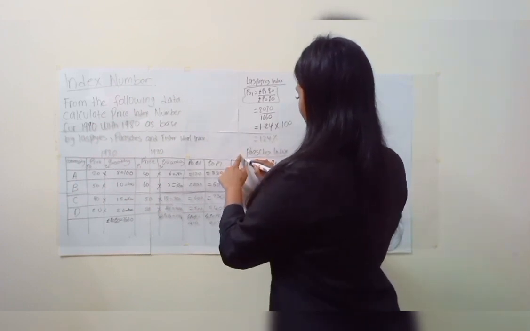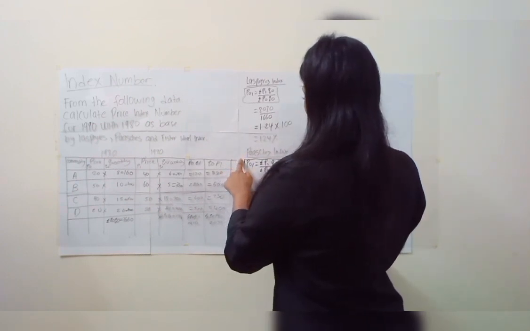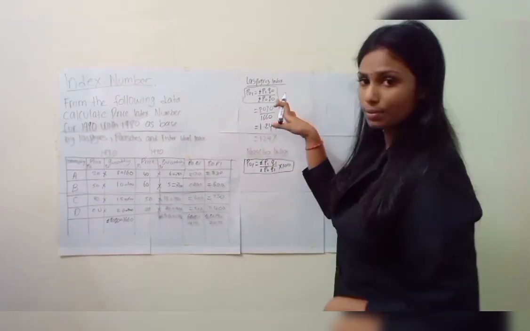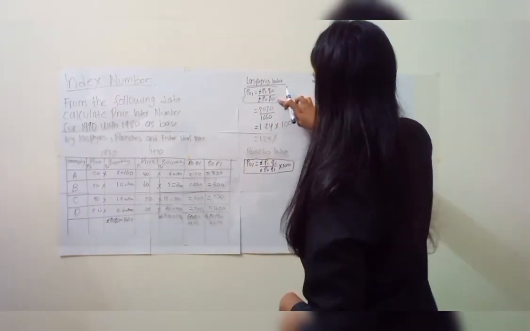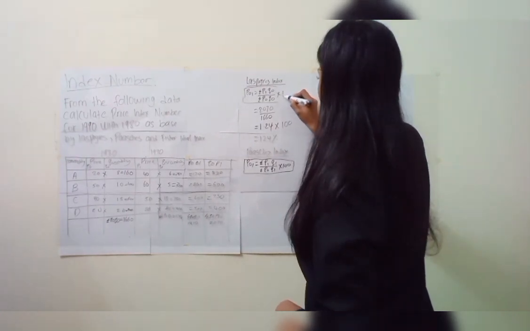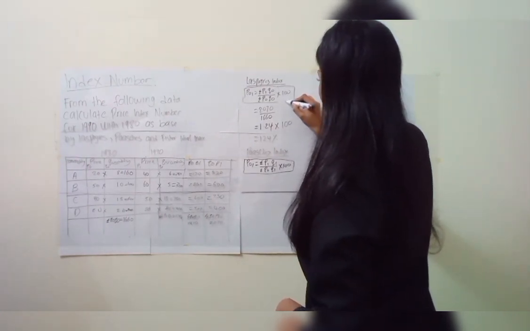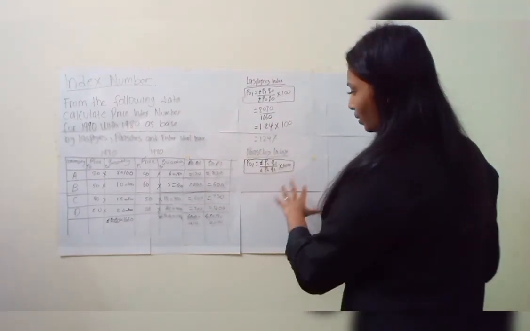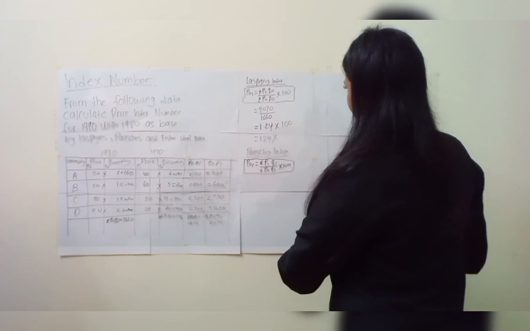Okay, this is a formula of the Paasche index. Sorry, for the previous one, the Laspeyres, I didn't write the times 100. So this is a method, so we follow this method.